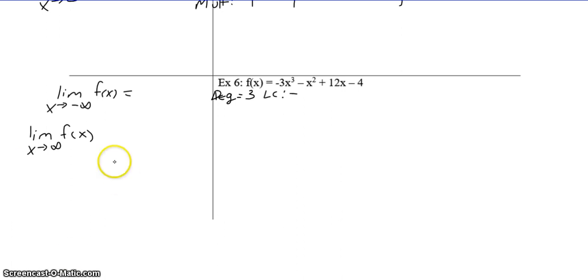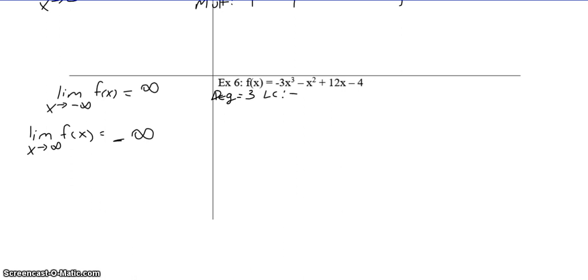So odd degree means they're going in opposite directions. Negative leading coefficient means that its left hand is positive infinity and your right hand is going to be headed down towards negative infinity.